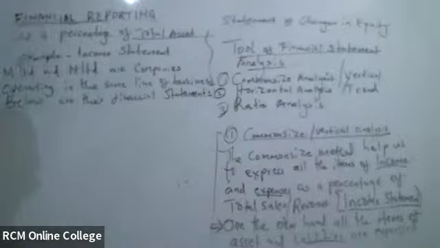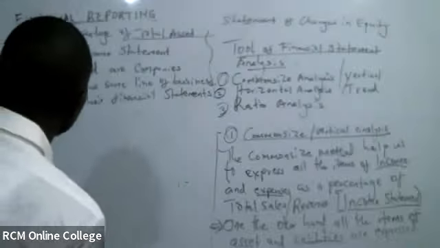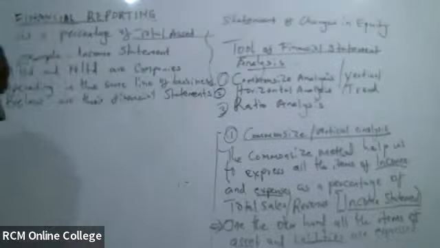For that example, we have M Limited and N Limited, companies operating in the same line of business. Below are their financial statements.